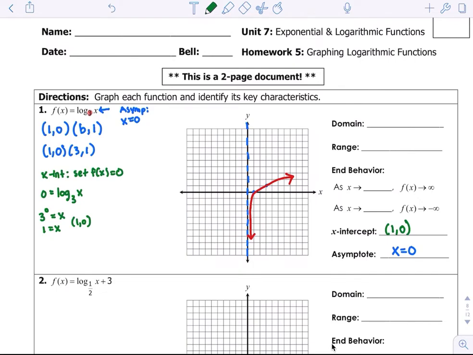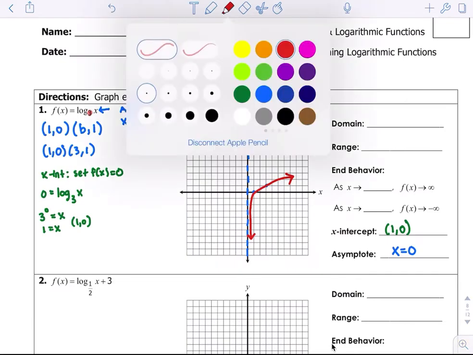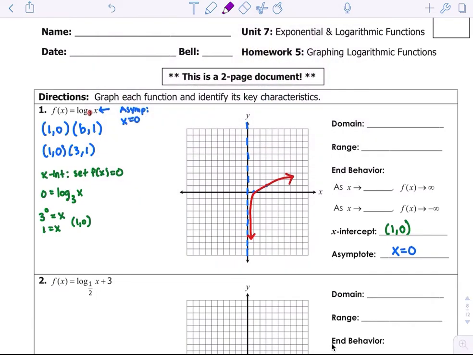Okay. Domain and range. So how far left does this graph go? So let's do this in purple. Let's make that bigger. Alright, so domain, how far left is this graph going? Well, it's stopping right there, which is the value of 0. So 0. And how far right is this graph going?